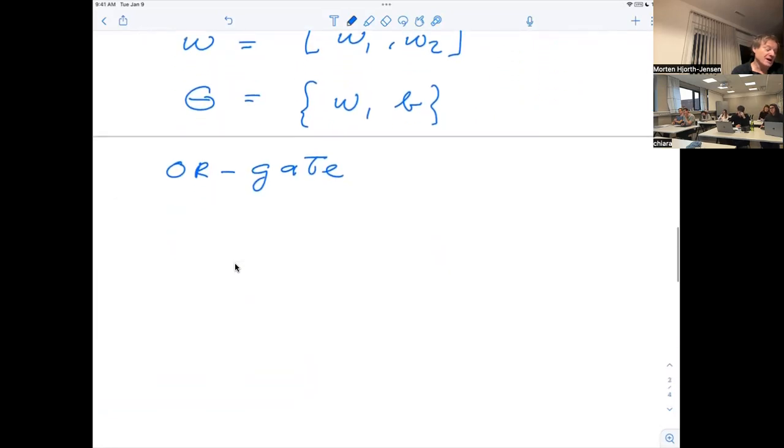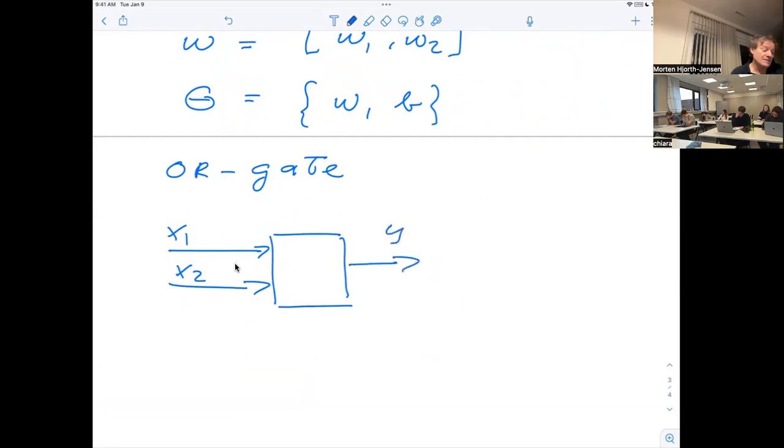And this specific gate is a famous gate in electronics. So what you would have now is an input here. So you would send in variables x1 and x2, which can take the values 0 and 1. So these would be bits 0 and 1. This produces an output, y.